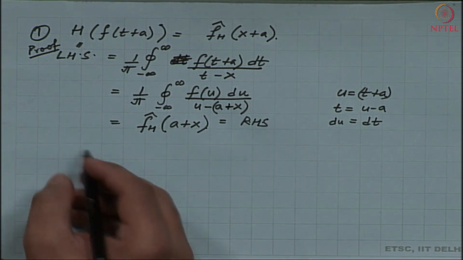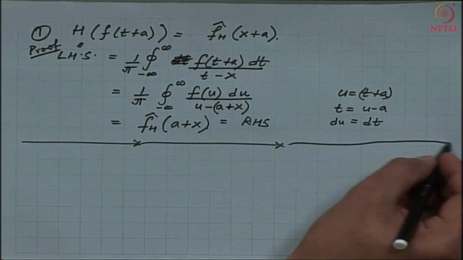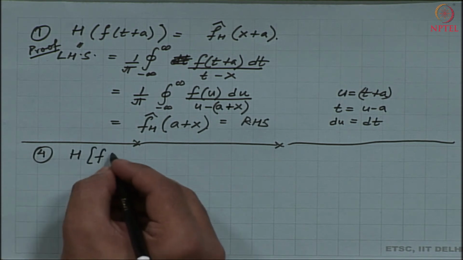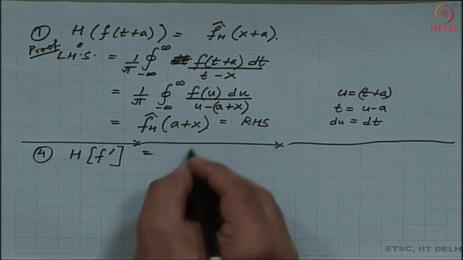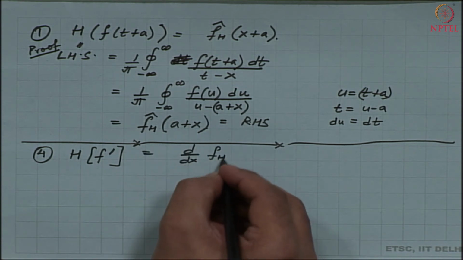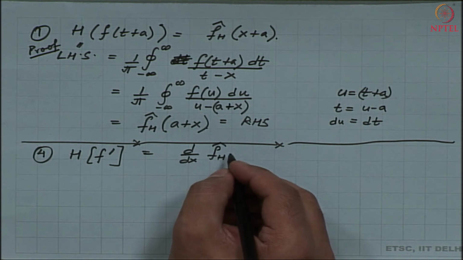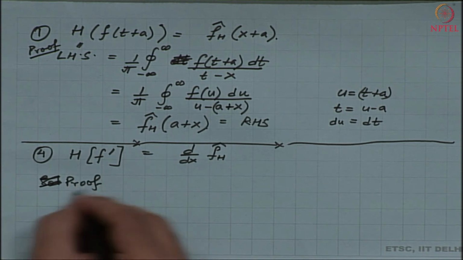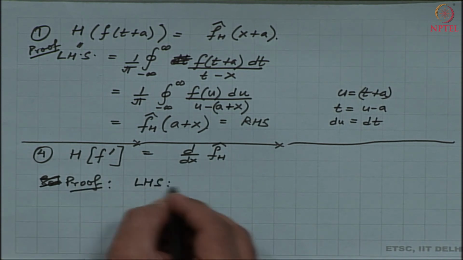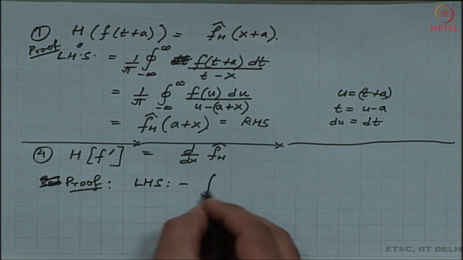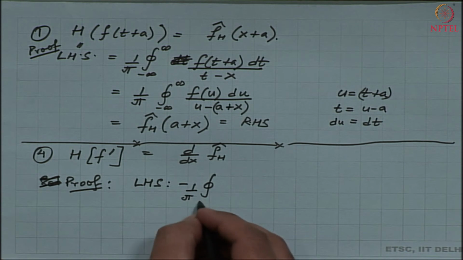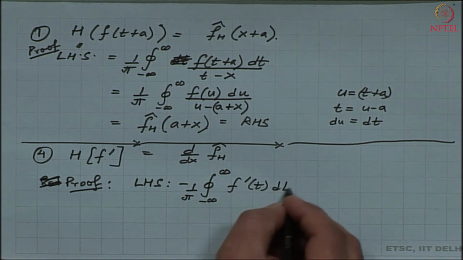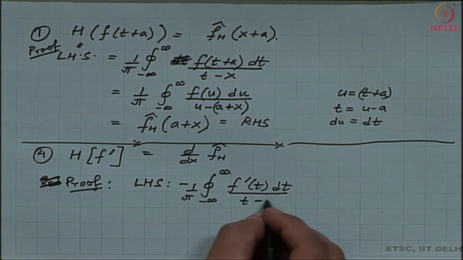Okay, so let us look at the fourth case which I wanted to show. I have to show that the Hilbert transform of the derivative is the derivative of the transformed function. The left hand side is given by the following Cauchy principal value integral, which is the integral of f prime of t dt divided by t minus x.